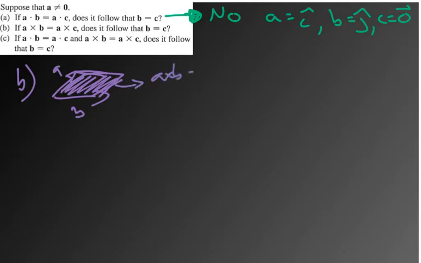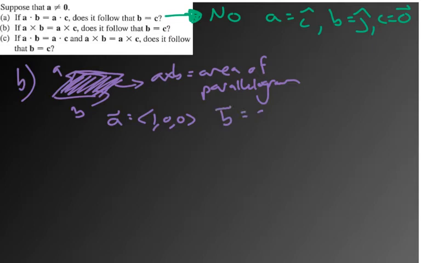Keeping that in mind, you could take vectors A as 1, 0, 0, B as 2, 0, 0, and C as 3, 0, 0. All of those are parallel, so those cross products would be 0, but B and C are definitely not the same thing, right?